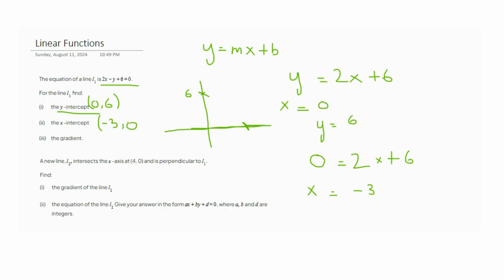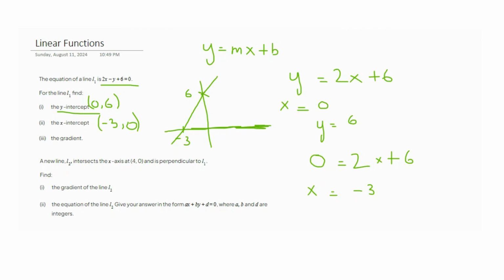This means that this line is going to be intercepting at this point. This is the kind of line you would get. It's a negative intercept, so that's why it's going to cut the negative axis.